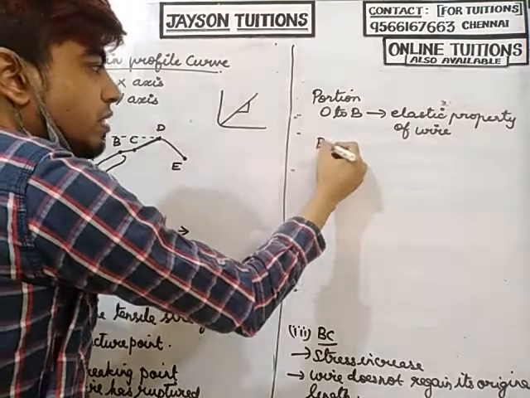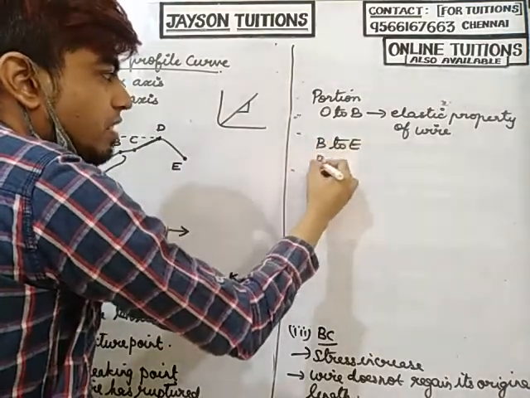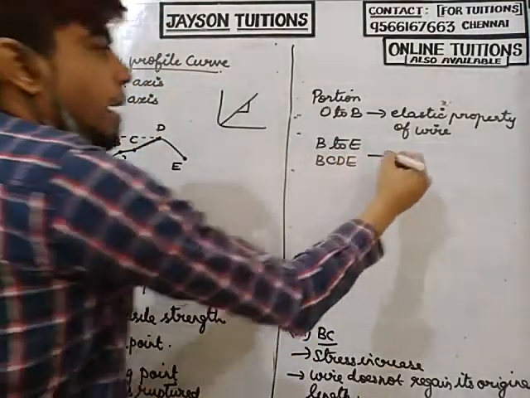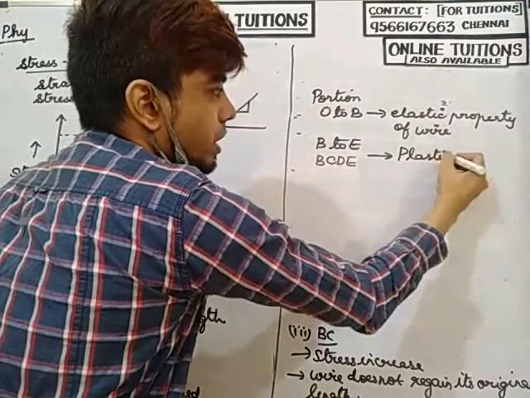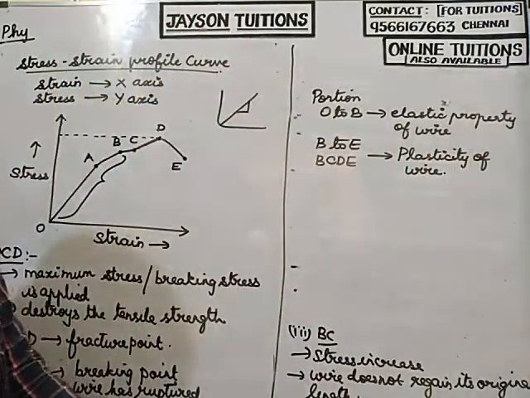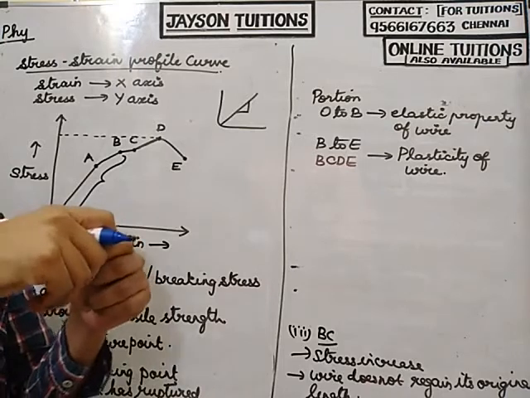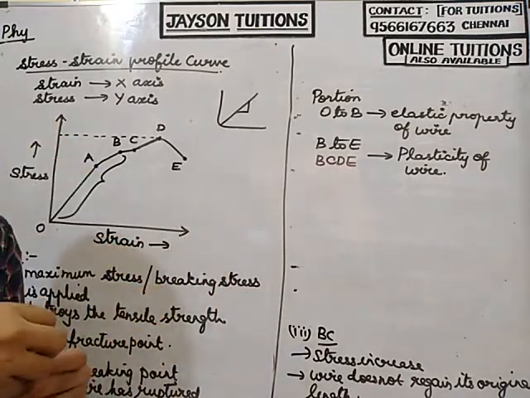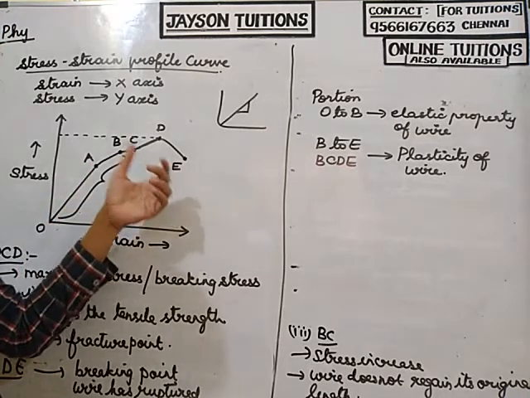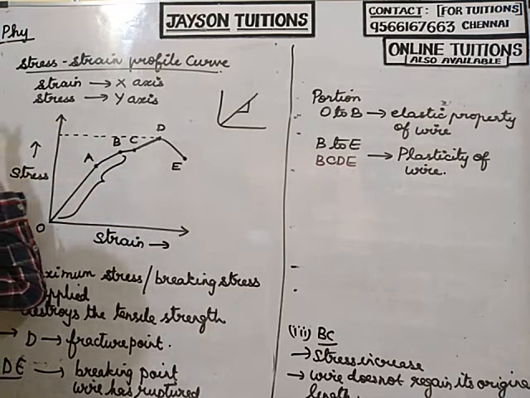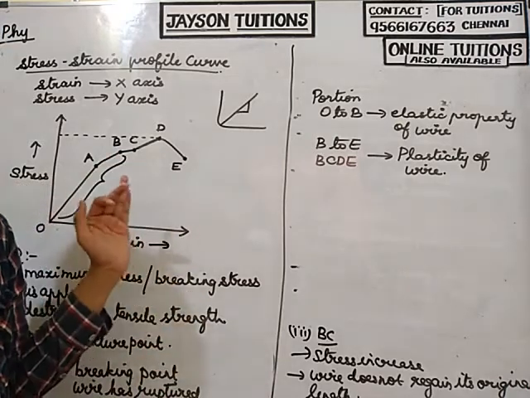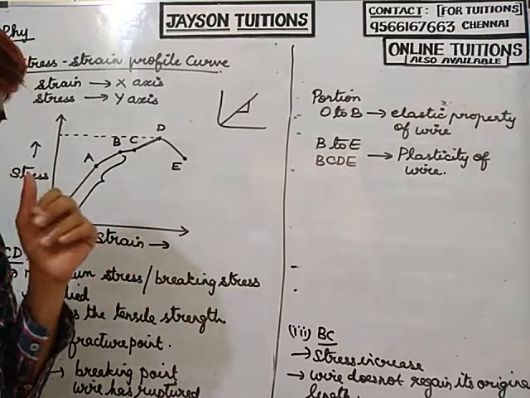So the portion B to E, that is B, C, D, E, explains the plastic property of the wire. Plastic means it will not come back to the original shape. So this elastic property and plastic property are explained by this stress strain curve. Understood what is Hooke's law and what is the stress strain curve. The remaining things we will continue in the next class.